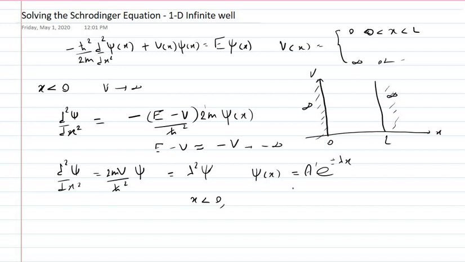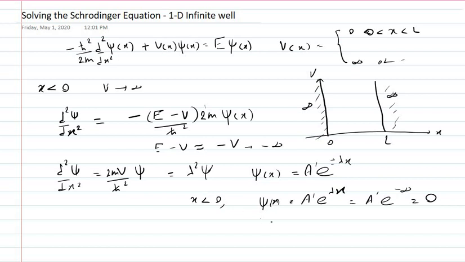Okay, if we consider the wave function as A prime e to the plus lambda x, then for any small value of x, we get minus infinity, which means this is equal to 0.